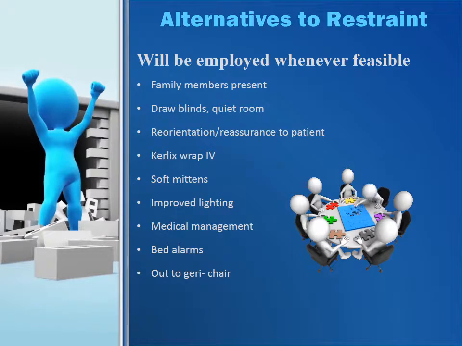They're just not allowed to really scratch maybe, but they still have that movement. You are not tying them down to anything. Sometimes improved lighting where they can actually see, or medical management, for example, the sundowning patient. Bed alarms, of course, and let them get out of bed, get them a Geri chair. So these are some types of alternatives that you will try or should try before putting the patient in restraints.